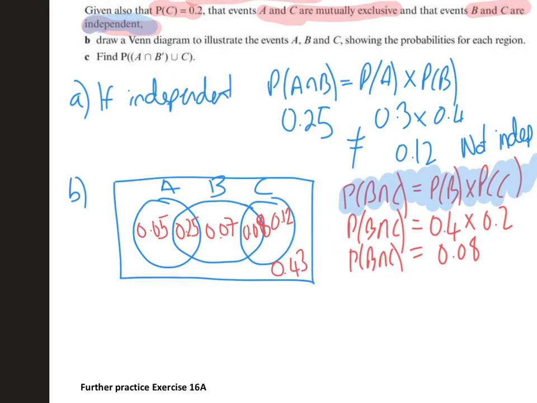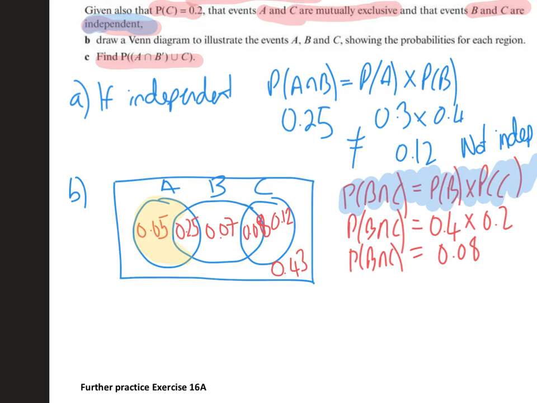And it says, find the probability that A and not B, or C happens. Well, let's highlight the bits I want. So I want A and not B. So that's this bit. A and not B is that bit.